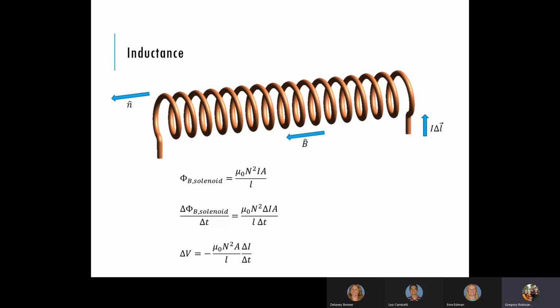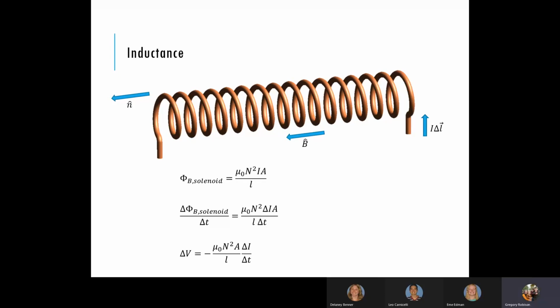Notice I have this stuff in front, it's all constant. And oh, by the way, it only depends on the geometric arrangement of the solenoid. The area of the solenoid, the length of the solenoid, the number of loops of the solenoid. Those are the geometric properties of the loop of wire.